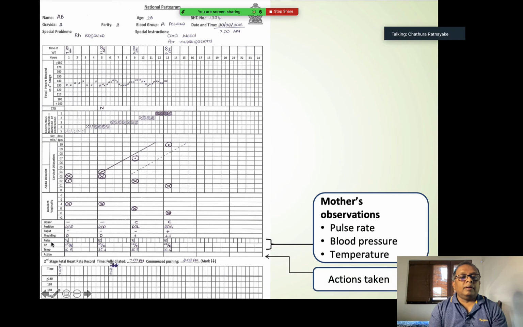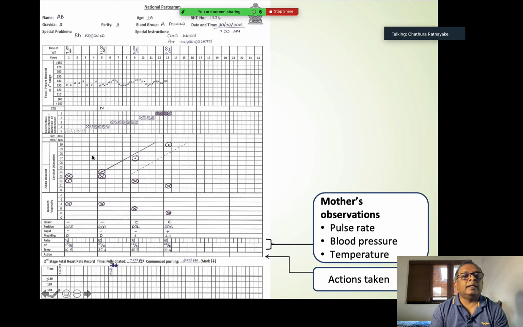And then we have the mother's observations: pulse rate, blood pressure and the temperature, and any actions you have taken, say positioning, giving oxygen, fetal blood sampling or whatever, are generally written here in a small abbreviated form.